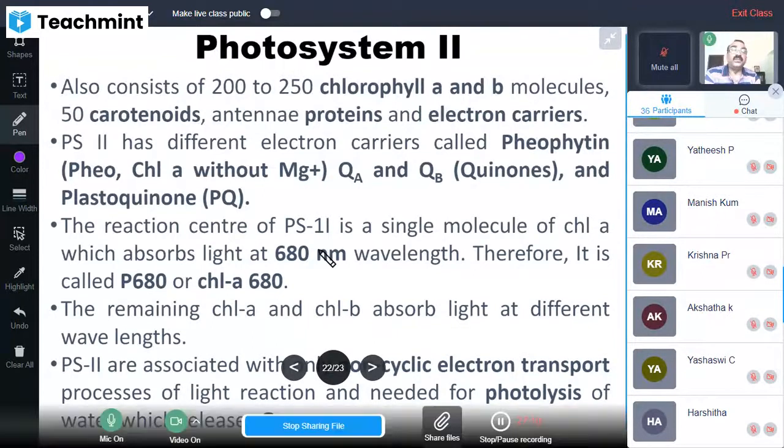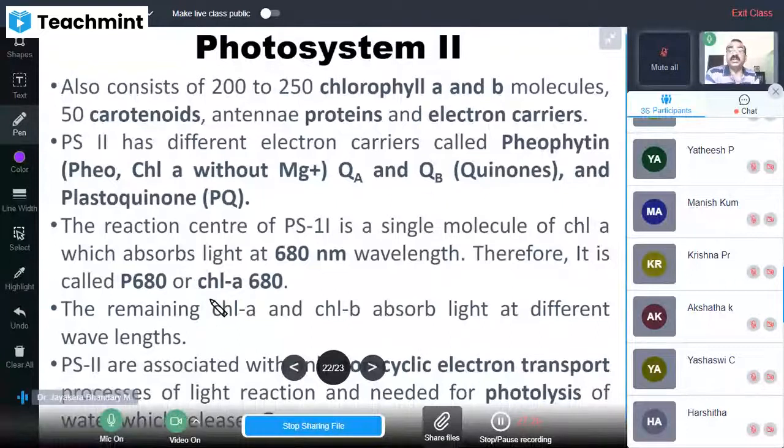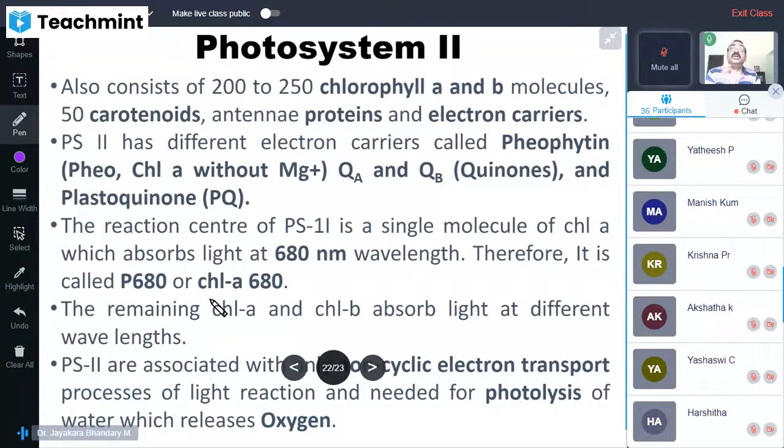Now, therefore, it is called P680 or chlorophyll A680. Now, as usual, like photosystem 1, the remaining chlorophyll A, B, and other molecules absorb light at different wavelengths and transfer that to this P680, which is the reaction center. And P680 further takes part in the other steps of light reaction.